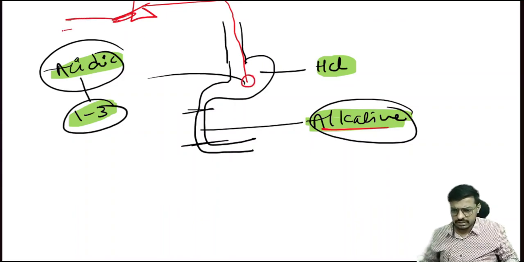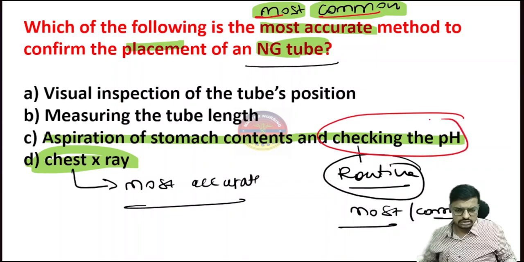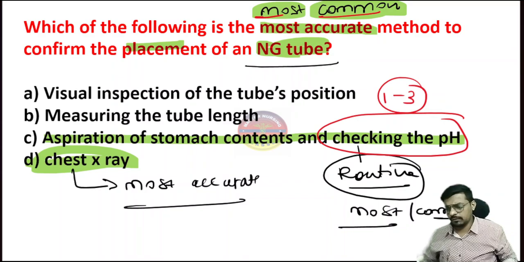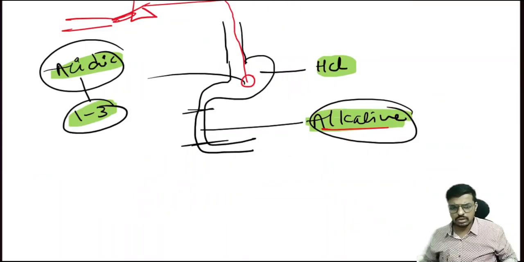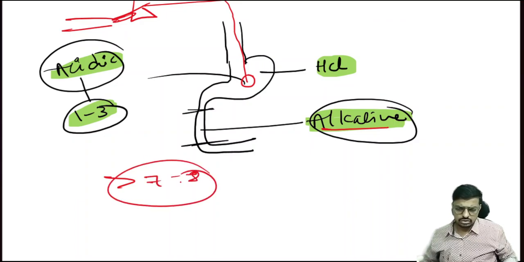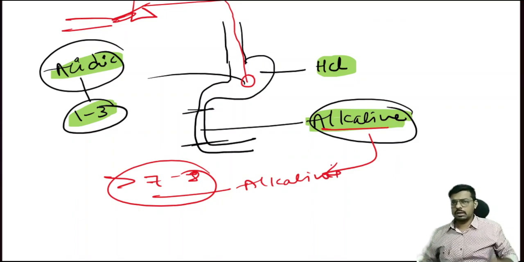If I aspirate the content, the stomach pH should come. When I check the pH, it should be 1 to 3. If the pH is not 1 to 3 and is showing 7 to 8, this is what we call alkaline pH. So it would be available in our duodenum.